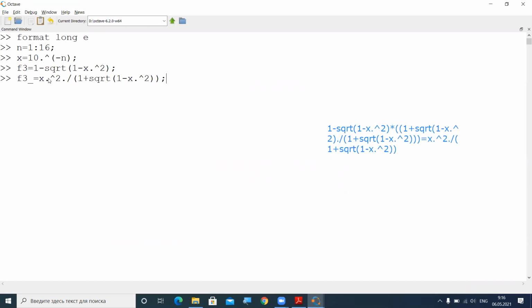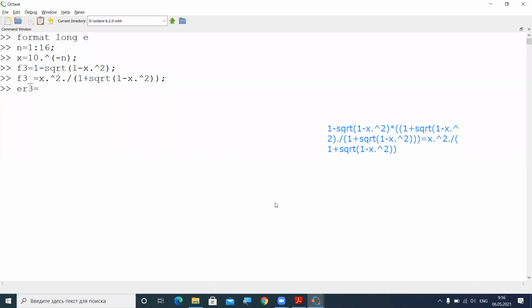Okay, so let's continue now. And now let's find the error between them. So just denote it by ER3, for example. And how can we find the error? It is the absolute value of the difference between f3 and the new function f3 underline.